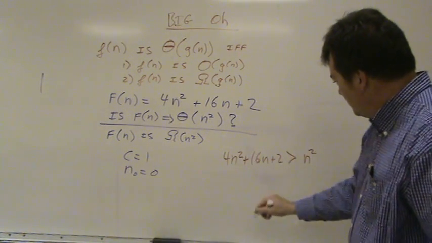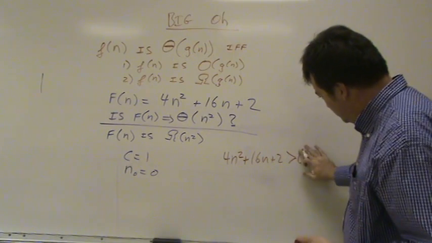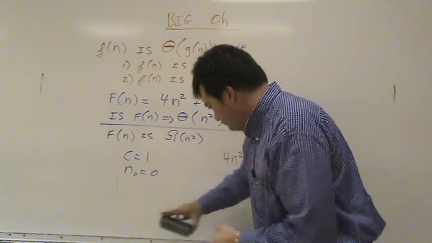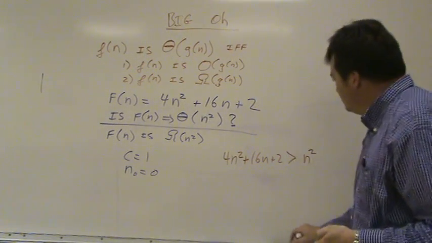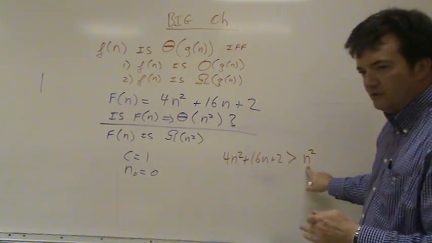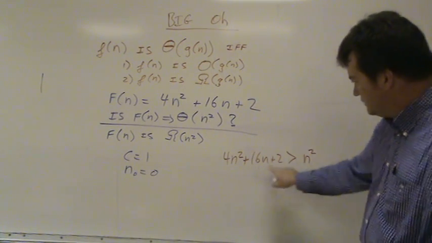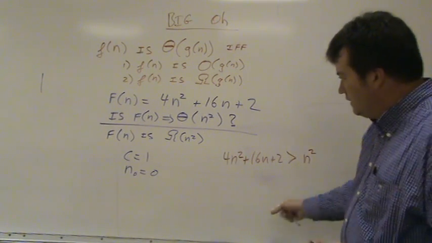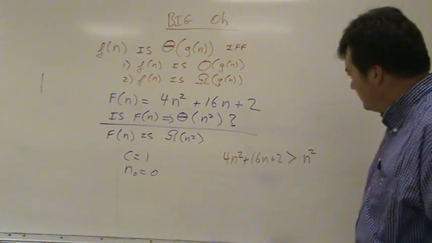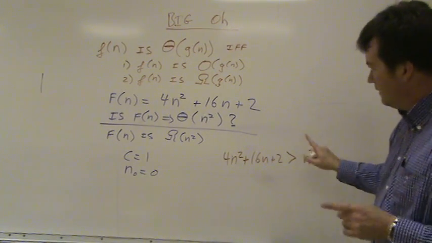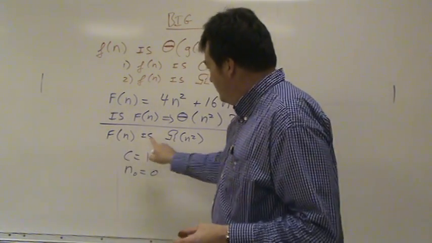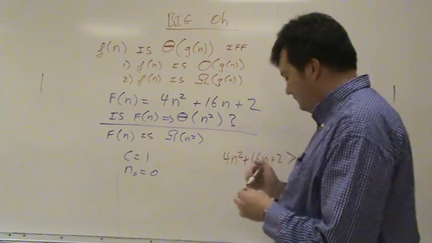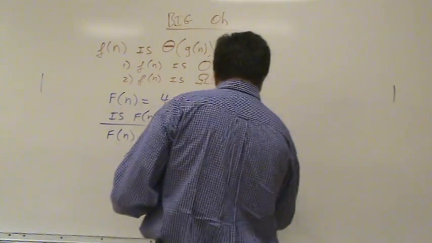When is this true? For what positive values of n? It's true for every value of n, including when n is 0. So when n is 0 and greater, this statement is always true. Therefore, f of n is omega of n squared.